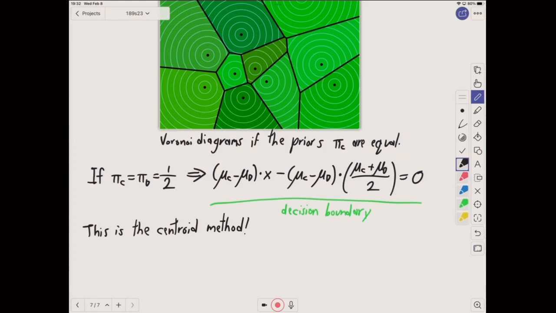But if the priors are not equal, if the variances are not equal, we now have a more general technique, QDA, which can adapt to whatever priors or variances you have.